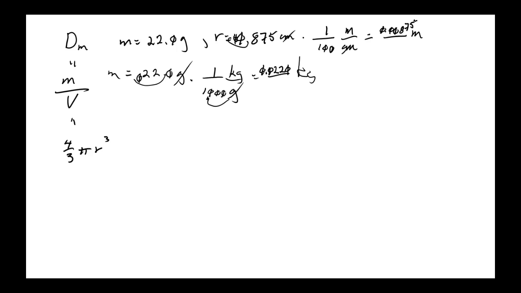So now to get the volume, that's what we're going to use. 4/3 pi. Pi is just a number. And 0.00875 cubed. And this will be meters cubed.